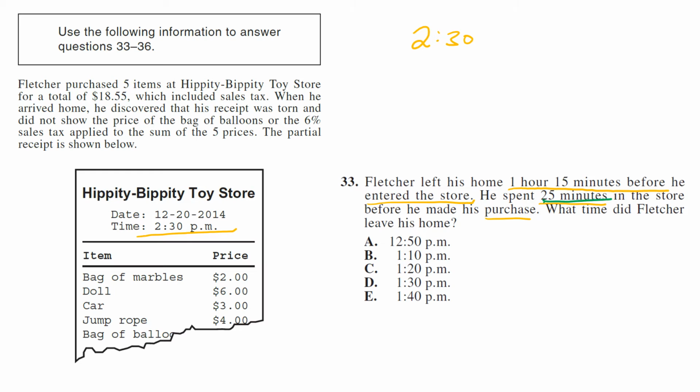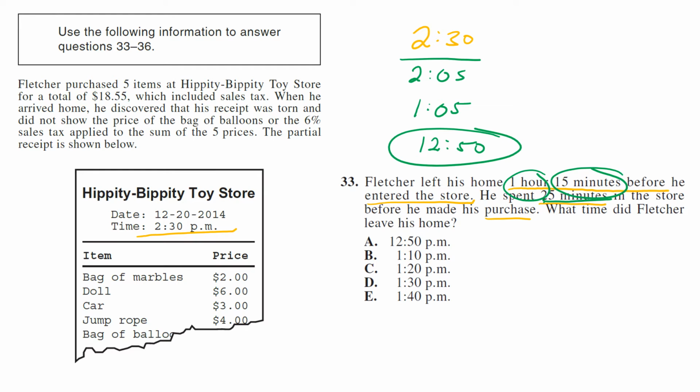So 2:30 minus 25 minutes is 2:05. So now we're at 2:05. And an hour before that was 1:05. And then 15 more minutes before that was 12:50. So your answer is A.